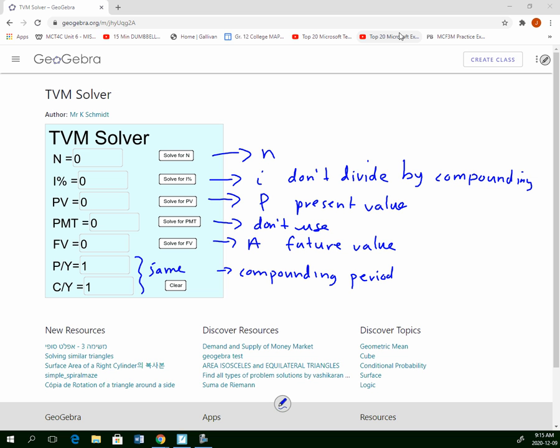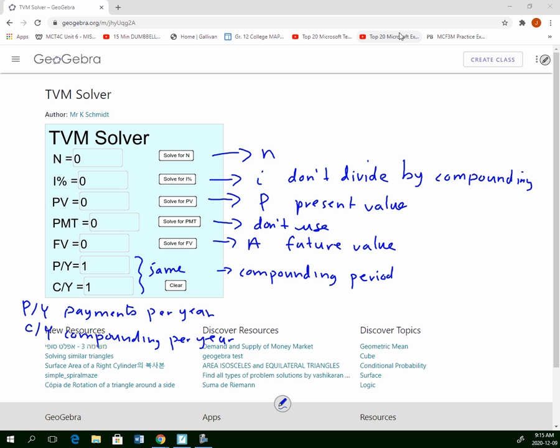So PY is payments per year. And CY is compounding per year. So for compound interest, they should be the same. 1 would be annually, 2 would be semi-annually, 4 would be quarterly.